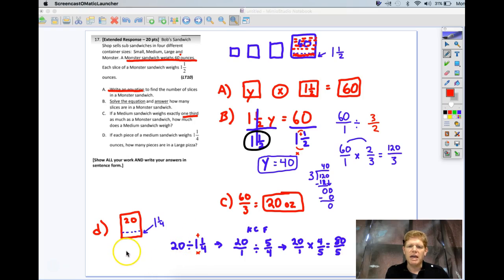Let's just divide it right over here and I can show you. 5 goes into 8 one time. Subtract that and I get 30. 5 goes into 30 6 times. So the answer is going to be 16. Letter D, the final answer is going to be 16 slices. And that is the answer to that problem.